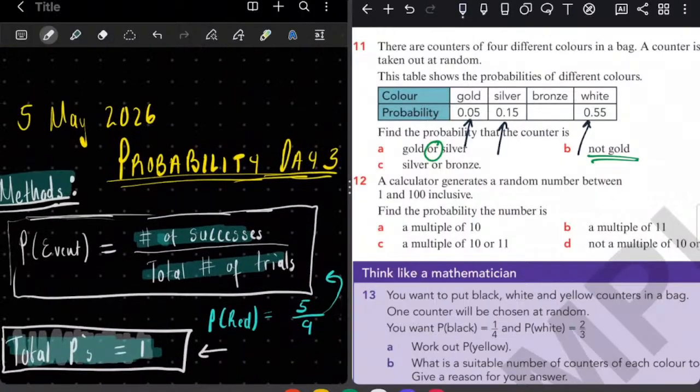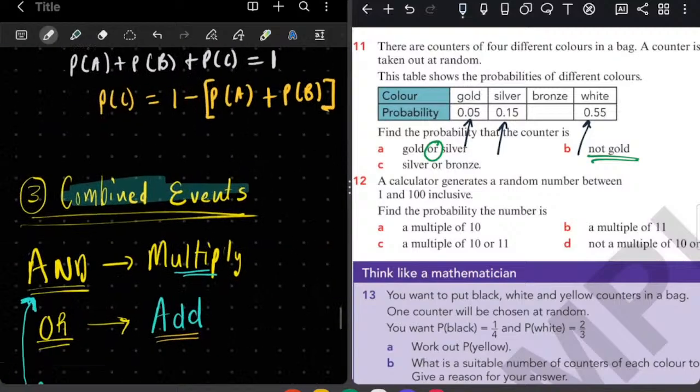Vic, the first one you use it when you have what? Numbers of things. The second one, 80, when do we use the second method? When you have other probabilities. Like here, we've been told probability of gold, probability of silver, probability of white. So don't think. You have other probabilities.